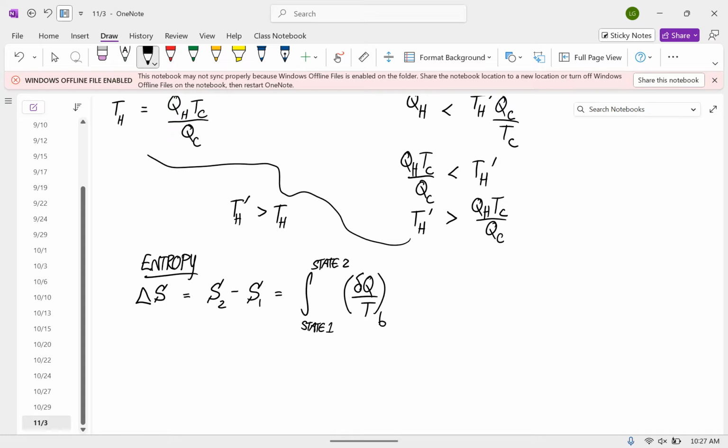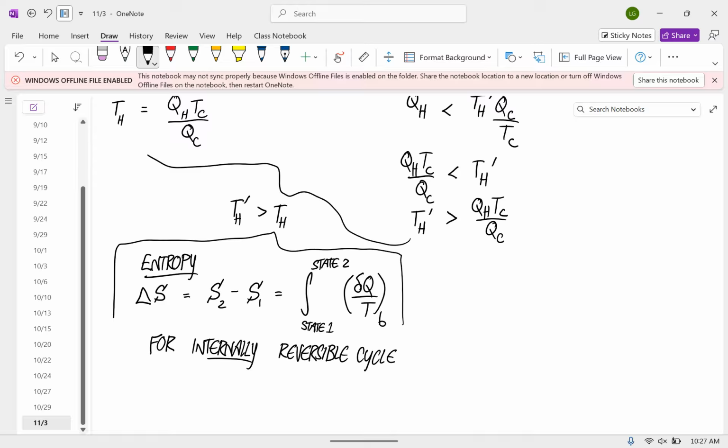But this has to be for a reversible cycle. It actually has to be an internally reversible cycle. Okay, we've seen this already.